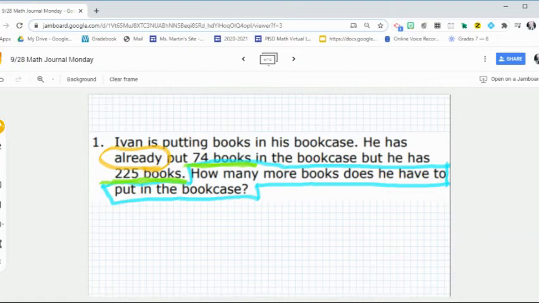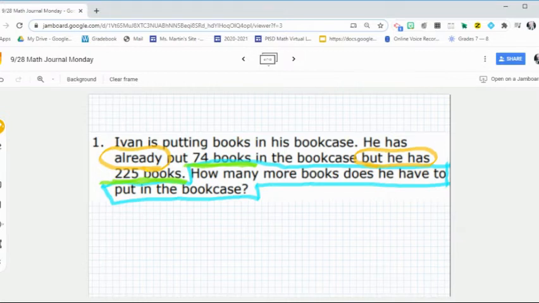It happened in the past. So he already put 74 books on the bookcase. He did that. But he has 225 books. That's kind of important, this phrase right here, but he has.